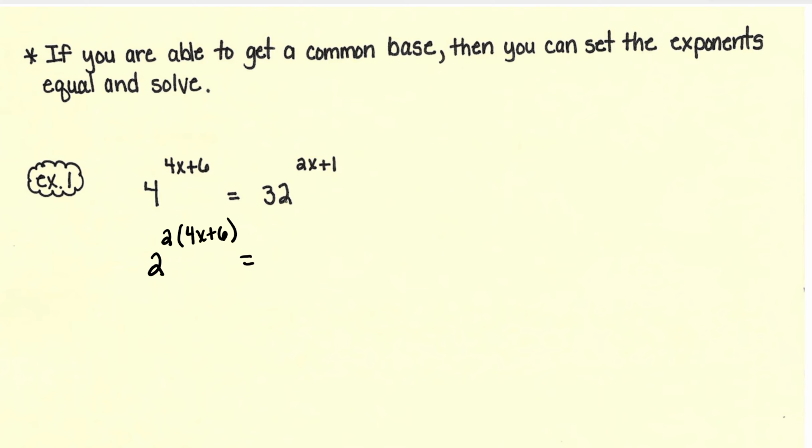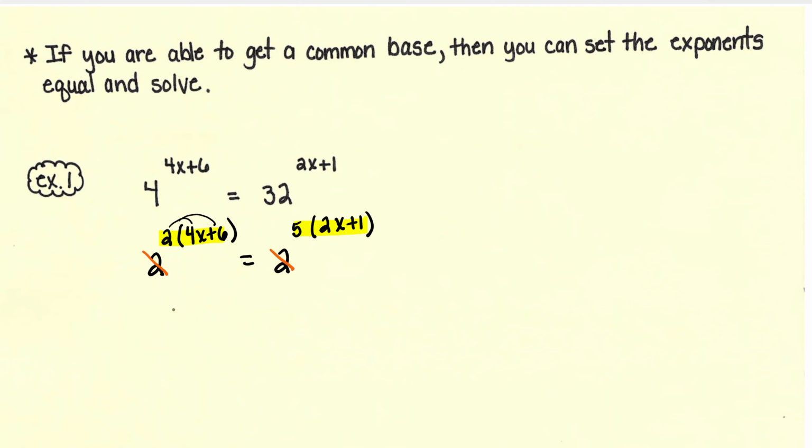Now 32 must also be 2 to some power. That's 2 to the 5th power. Now that I have the same base, these 2's, I'm going to drop those, and then I can set these exponents equal. And you have a nice equation to solve.